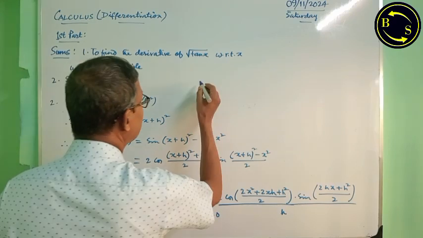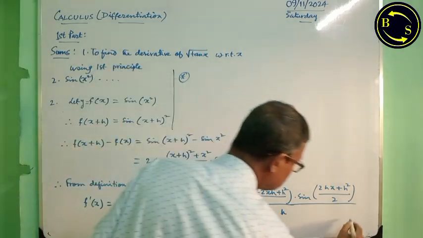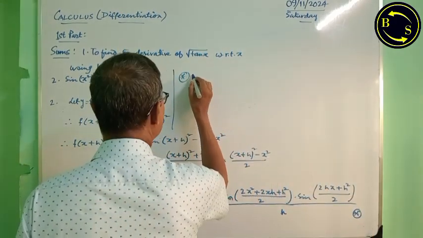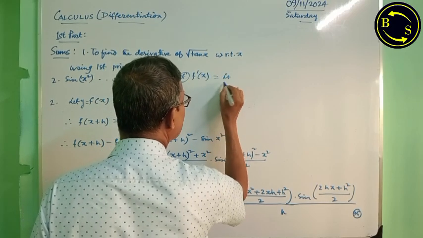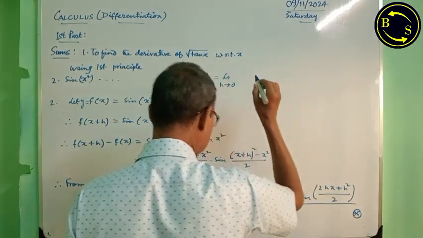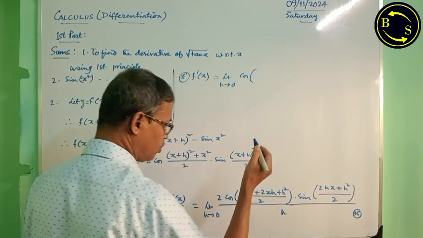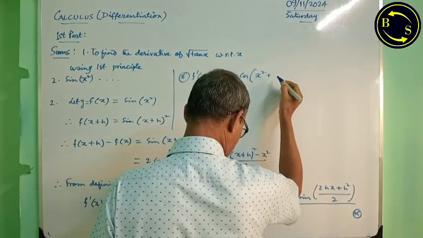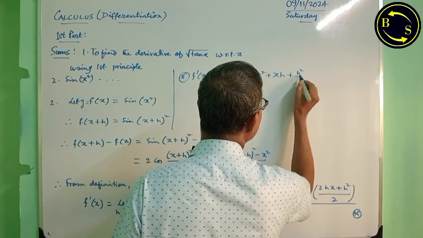Now I move here. F dash x is equal to limit h tends to 0, cos of, if we divide, what we get, (x square plus xh plus h square by 2).